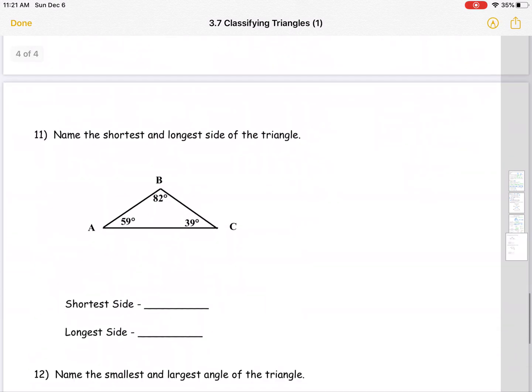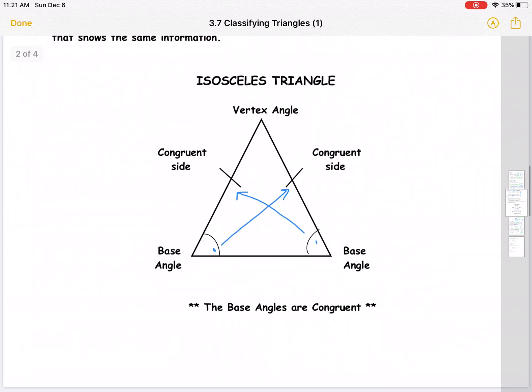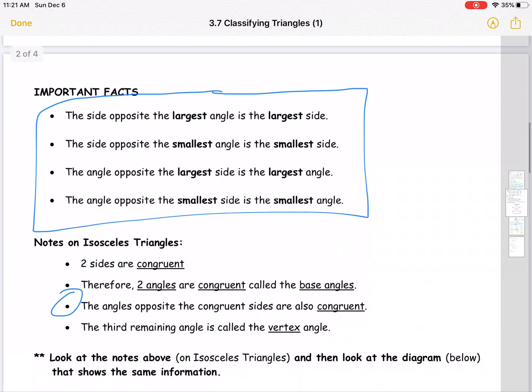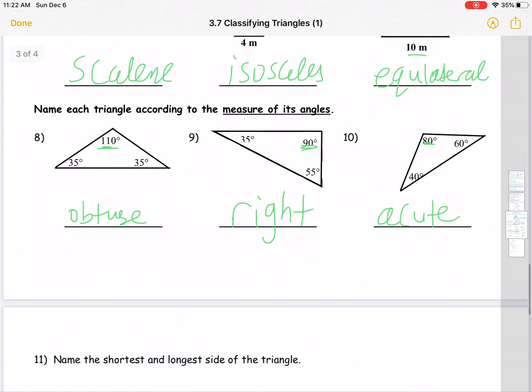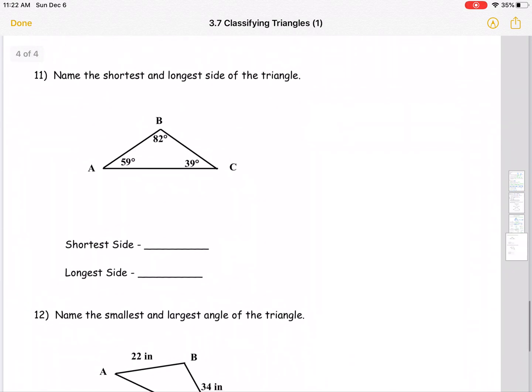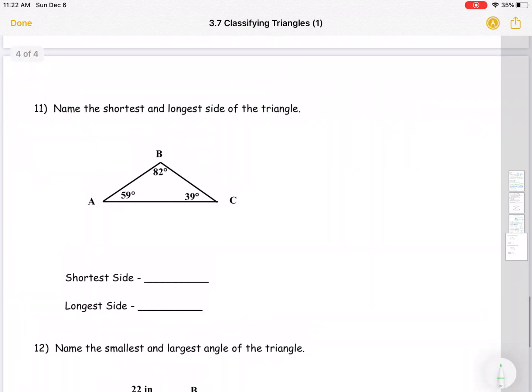Alright? Now 11 and 12. Name the shortest and largest side of the triangle. Here, we need to recall these facts right here that I circled in blue. Okay? The side opposite the largest angle is the largest side. So the largest side, or the longest side, is going to be opposite the biggest angle.